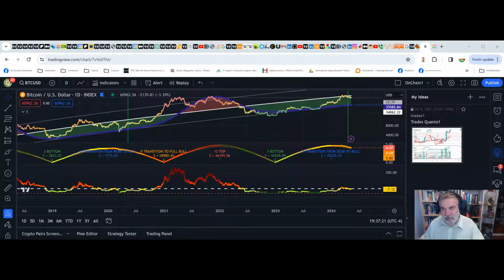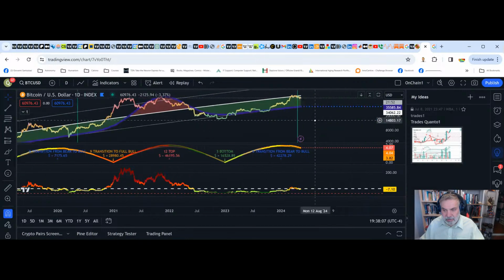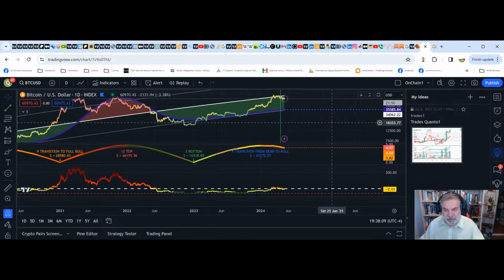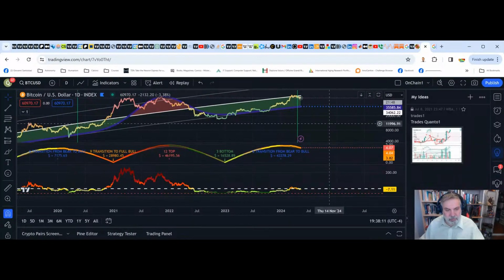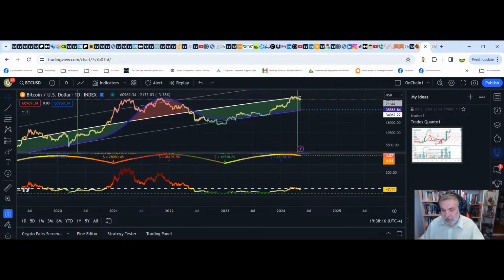These indicators are mostly used on much longer time frames, like cycles, but we're also trying to see if we can understand the current market based on the current data.